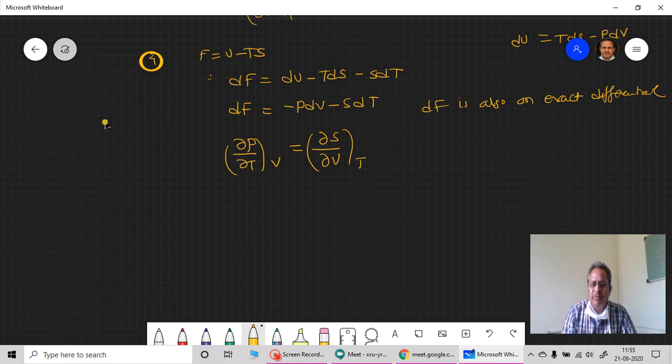Change in pressure with respect to change in temperature at constant volume, and this is change in entropy with respect to change in volume at constant temperature. These rates are found to be same, and that is your Maxwell's fourth thermodynamic relation.